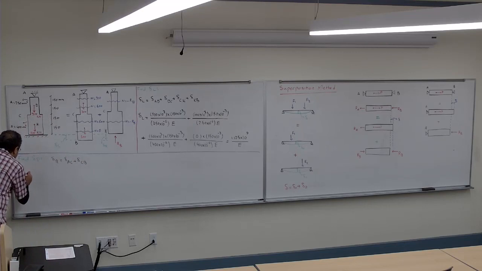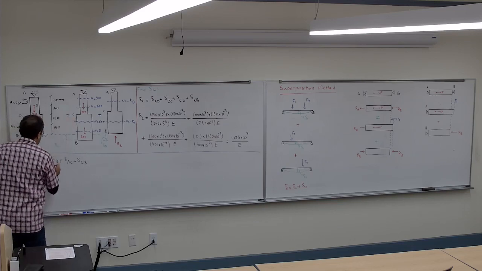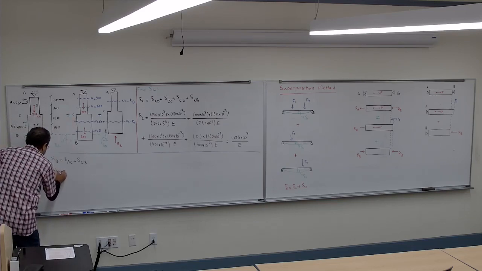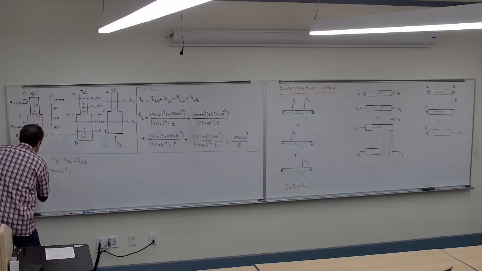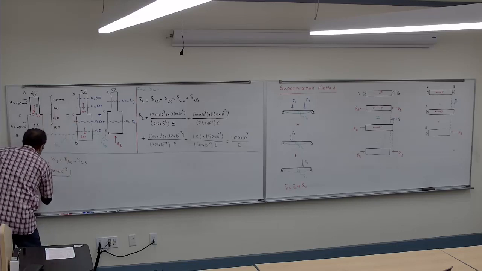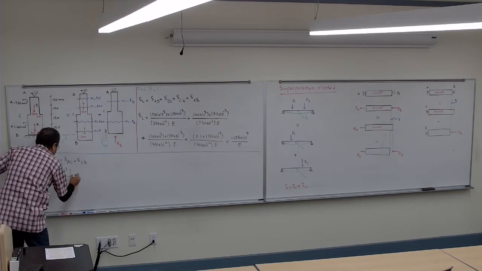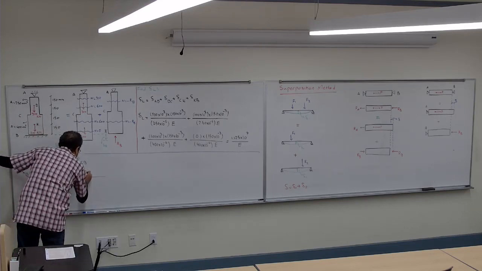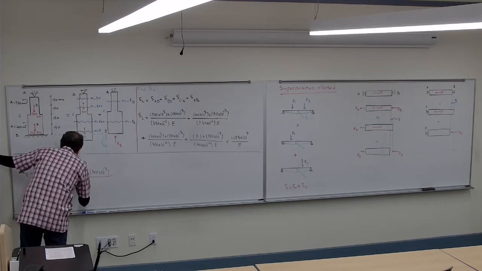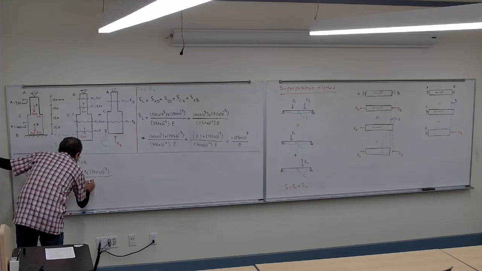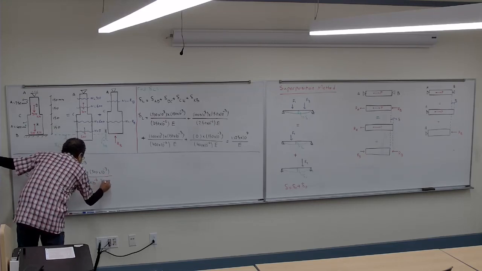So the delta R is going to be minus RB times the length, which is 300 times 10 to the -3, divided by area, which is 250 times 10 to the -6, divided by E, plus minus RB times 300 times 10 to the -3, divided by 400 times 10 to the -6 E.